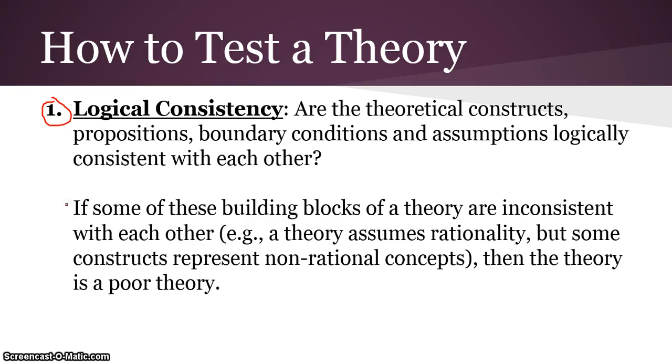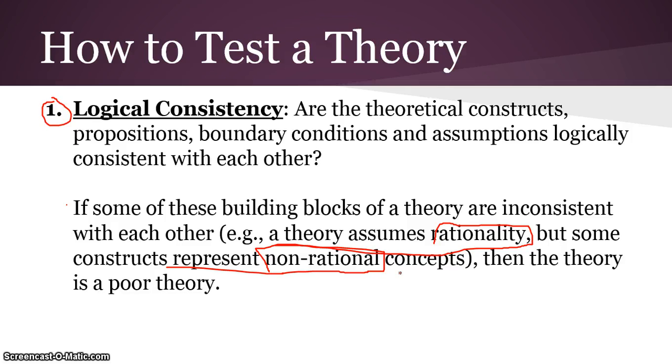We know that if some of these building blocks of a theory are inconsistent with each other, then the theory is not a very good one. In other words, it's not probably going to be supported by the data. For example, if a theory assumes some sort of rational behavior, but the constructs represent non-rational behavior or non-rational concepts, then that's a logical inconsistency, where rationality is assumed, but non-rationality is actually what we see.